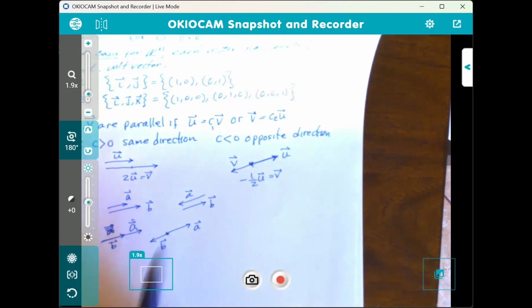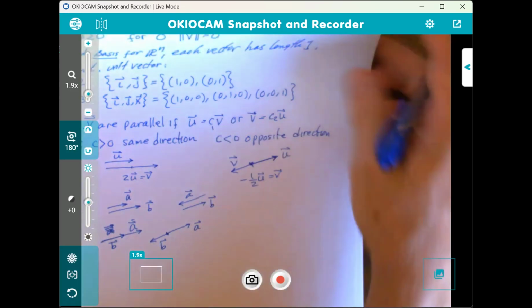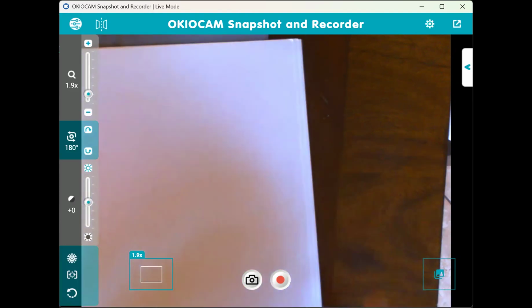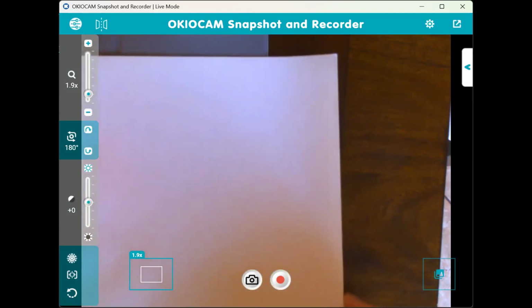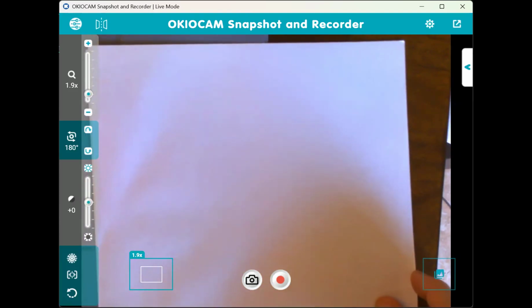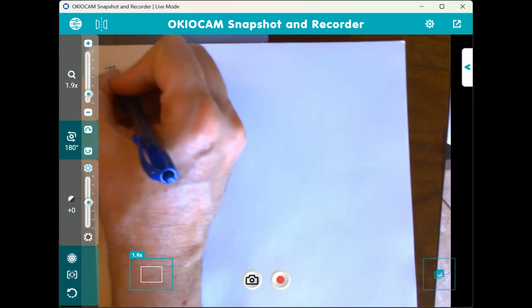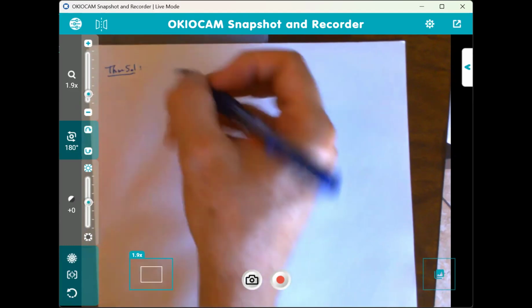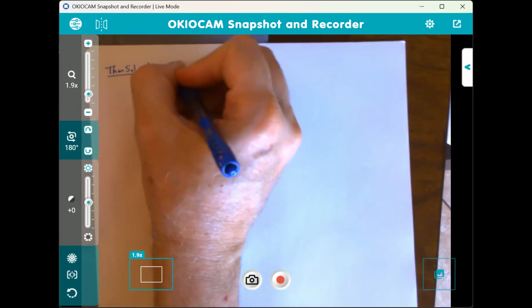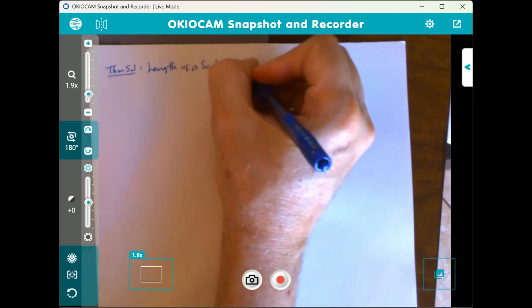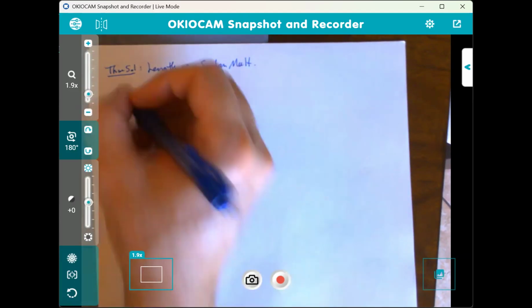All right. Now, let's talk about the length of a scalar multiple of a vector. This is actually a theorem in your book, I believe theorem 5.1: the length of a scalar multiple of a vector.